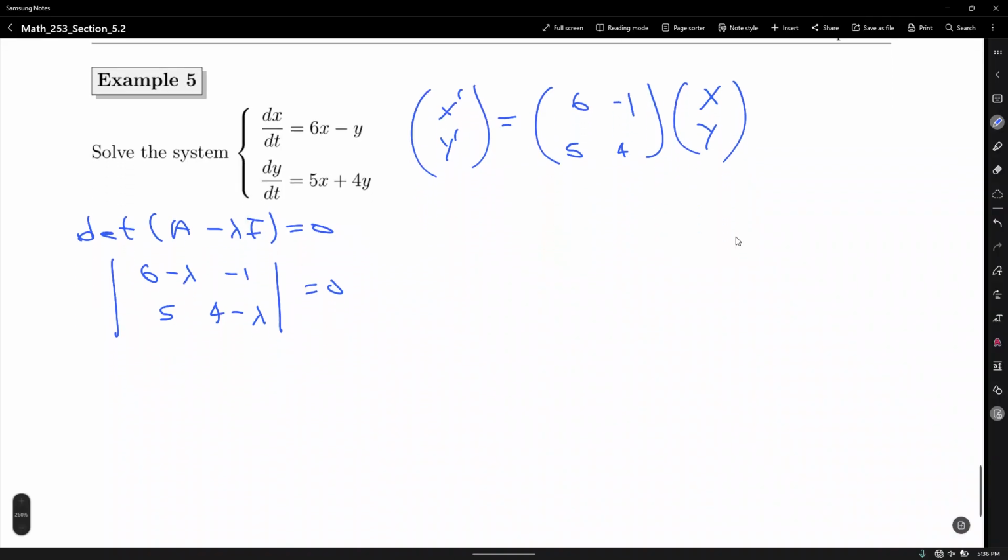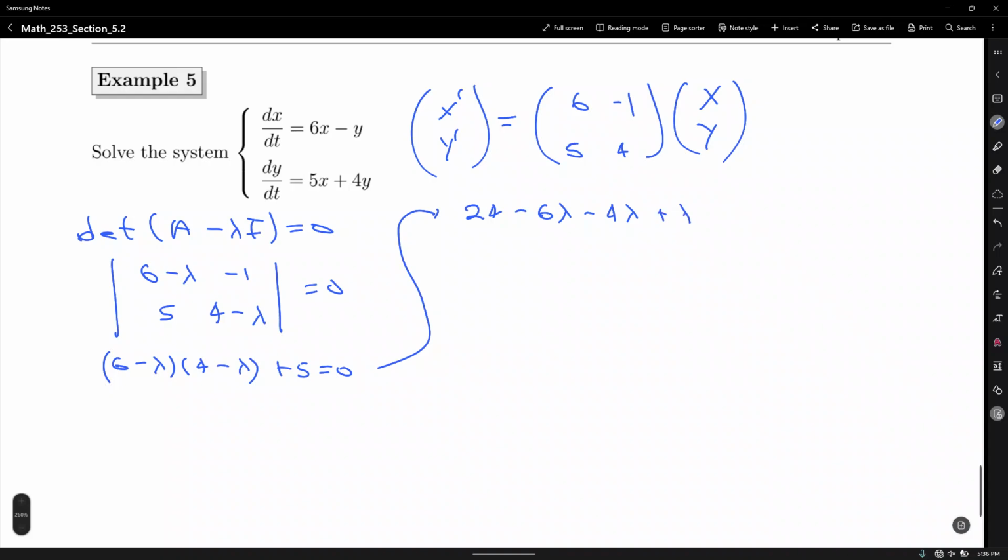So that means 6 minus lambda times 4 minus lambda, minus a negative, which is plus 5, and let that be equal to 0. Let me continue up here. That is 6 times 4, which is 24. 6 times negative lambda is minus 6 lambda. Negative 4 times lambda is minus 4 lambda.